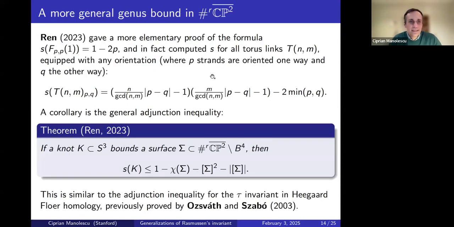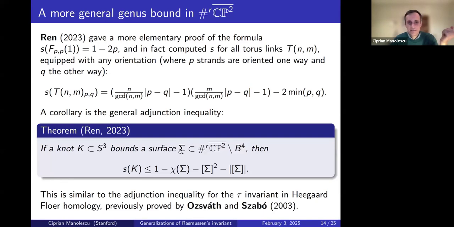I should say that since then, a couple years ago, Ren gave a more elementary proof of this formula using just traditional Khovanov homology, and he also computed basically S of all torus links. Using that, he generalized our adjunction inequality for surfaces that are not null homologous.